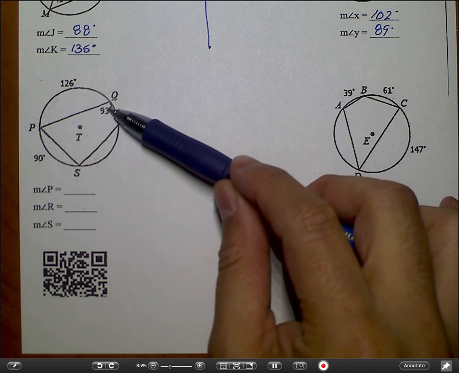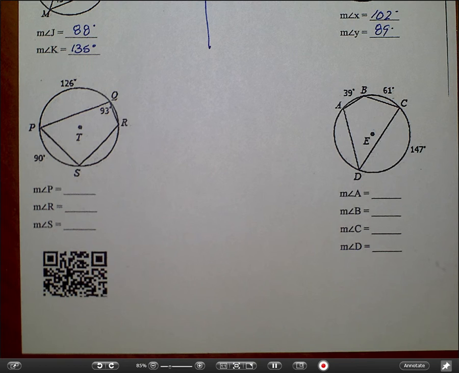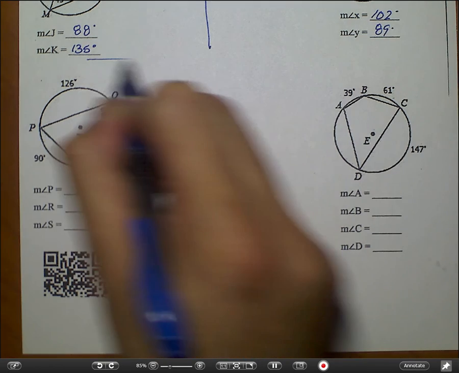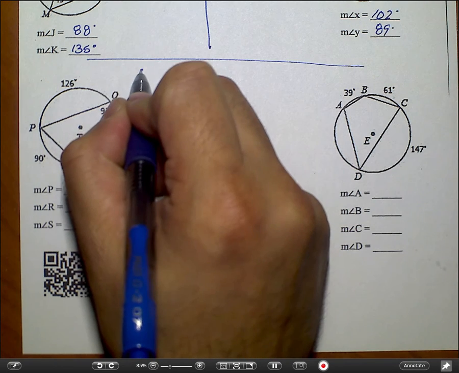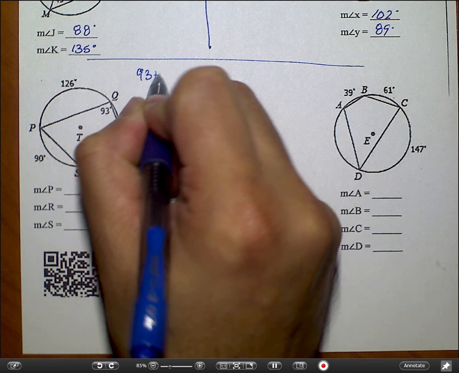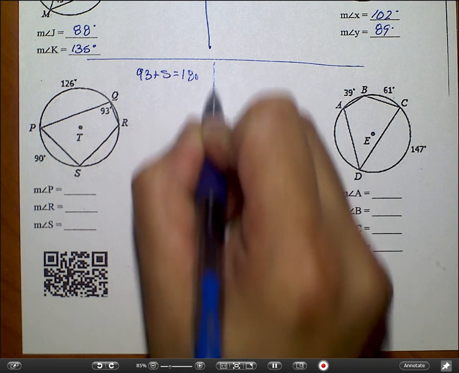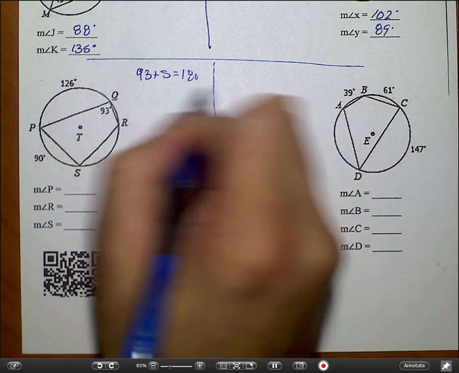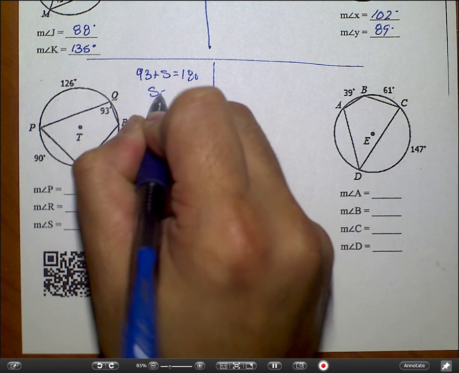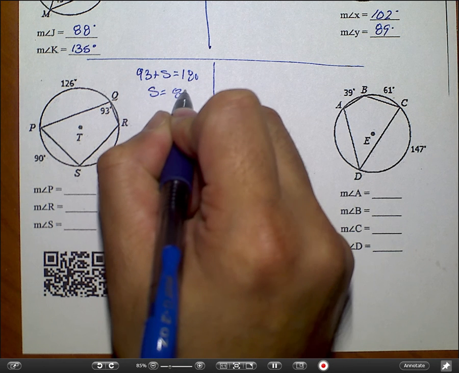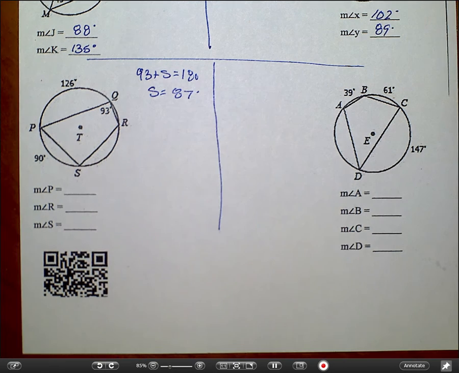So angle Q is opposite what angle? S. So I'm going to go 93 plus S equals 180, so subtract 93 from both sides, so S is 87, right? Okay.